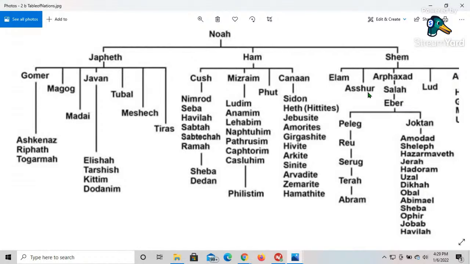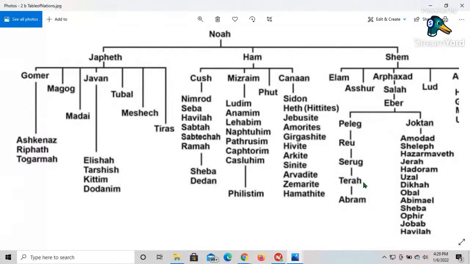It kind of makes sense, right? Arphaxad is the father of the Hebrews, all these are Hebrews here, Joktan and Peleg, Reu, Serug, Terah. Terah is the father of Abraham, the idol maker for Nimrod.